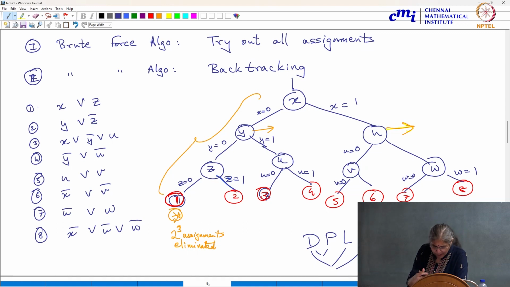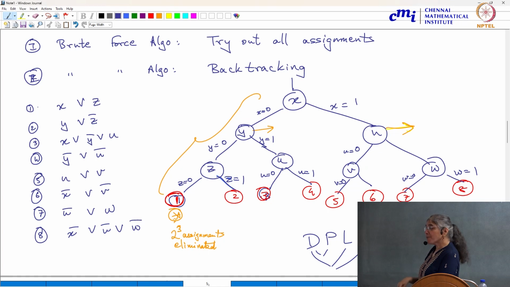Then we went on to try out some more things. But if you just stare at the clauses here, the moment you set x equals 0, clause 1 tells you if you have any hope of finding a satisfying assignment, you had better set z to 1. That is what I call a Boolean constraint propagation. The setting of x to 0 propagates the value of z to be 1.